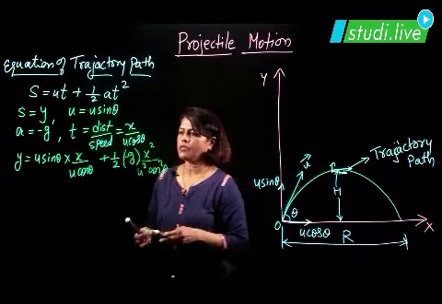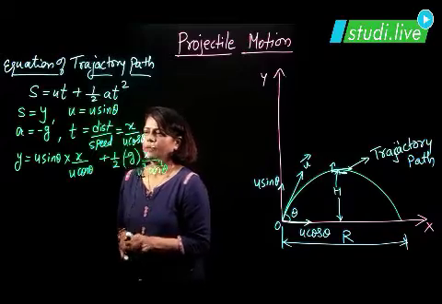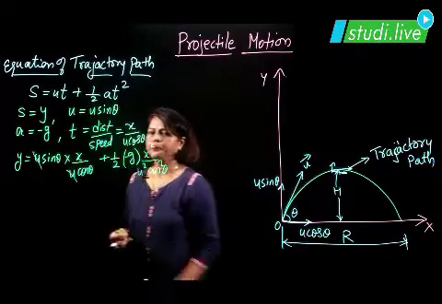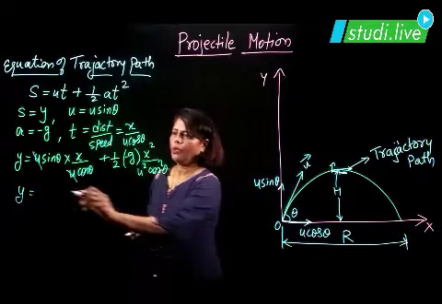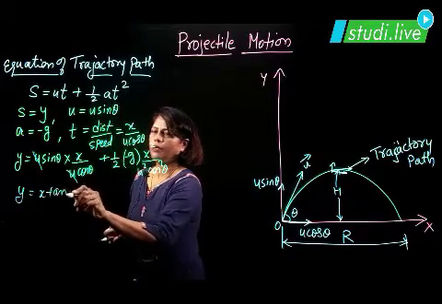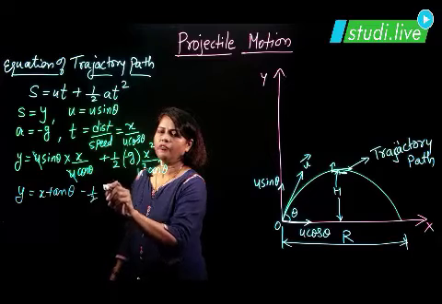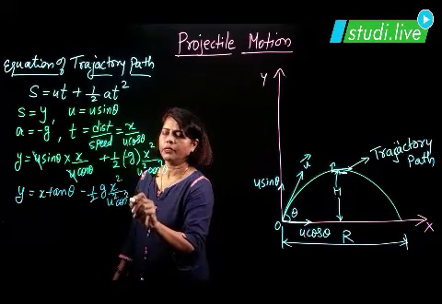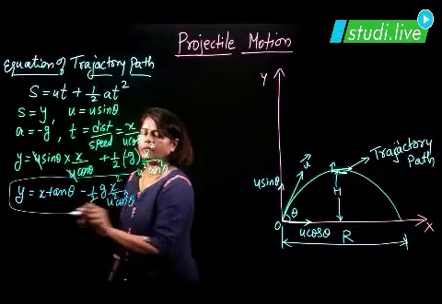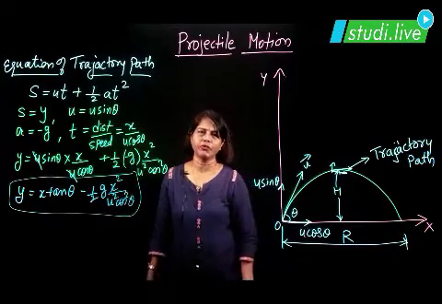As we can see, we can cancel the terms, that is u gets cancelled. So finally we get y is equal to x tan theta minus half g x square upon u square cos square theta. This equation is the equation of trajectory path.